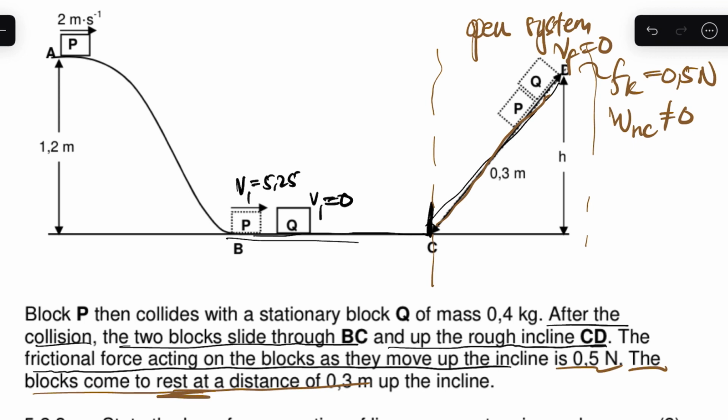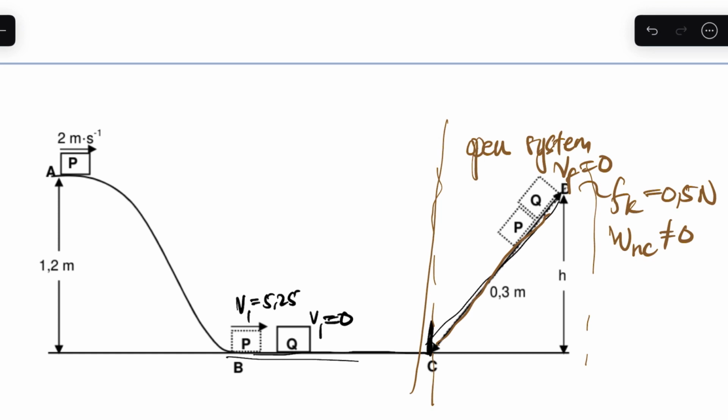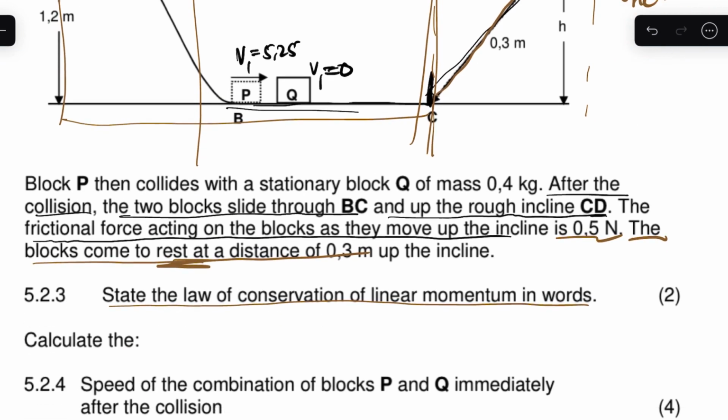It's very important. Now they say here, state the law of conservation of linear momentum. The total linear momentum in an isolated system remains constant, right? Remember, guys, this is an isolated system. All this path is an isolated system.